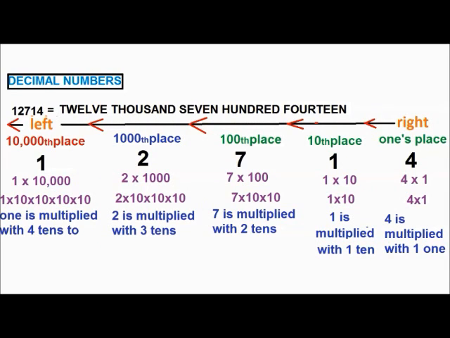Take 12,714. Here the extreme right digit 4 is in ones place, after that tens place, hundreds place, thousands place, 10,000s place.